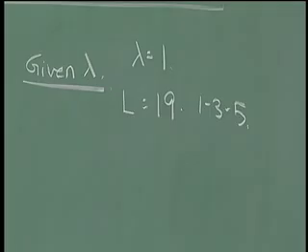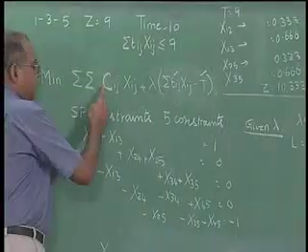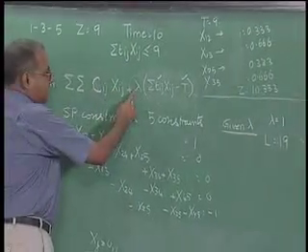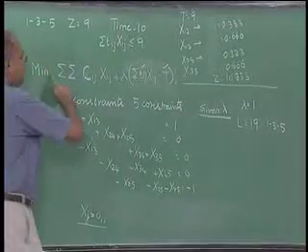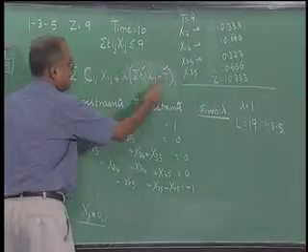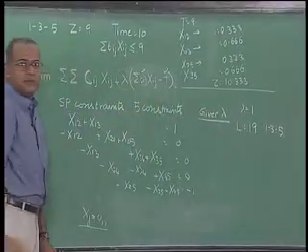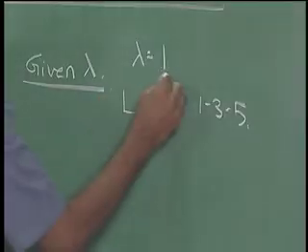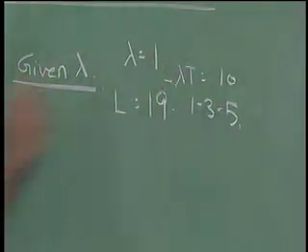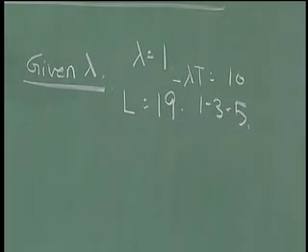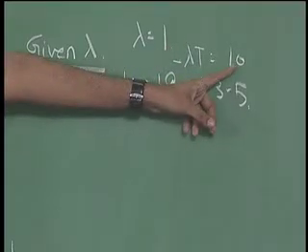But we need to do one more thing. What we have got as 19 is the value of Cij Xij plus lambda times Tij Xij. But then the full objective function is minus lambda T. So we have to subtract this lambda T from 19. So this becomes 19 minus lambda T, 19 minus 9, since lambda is 1 and capital T is 9, which is 10.